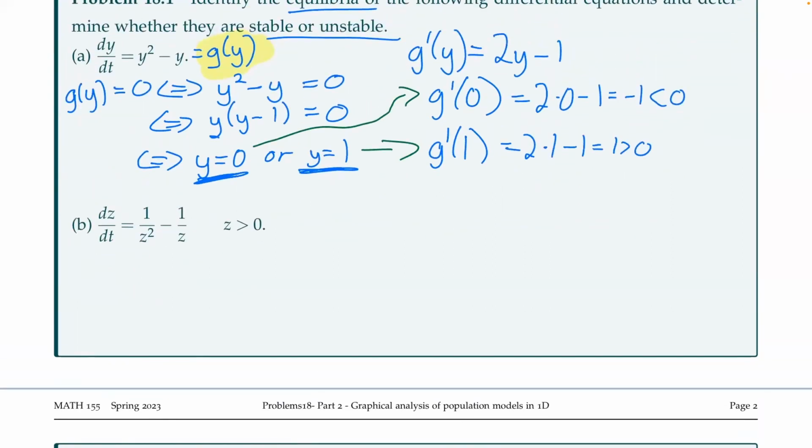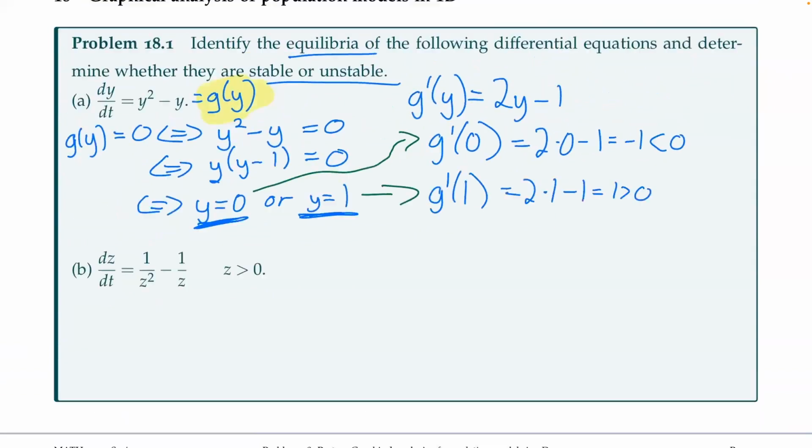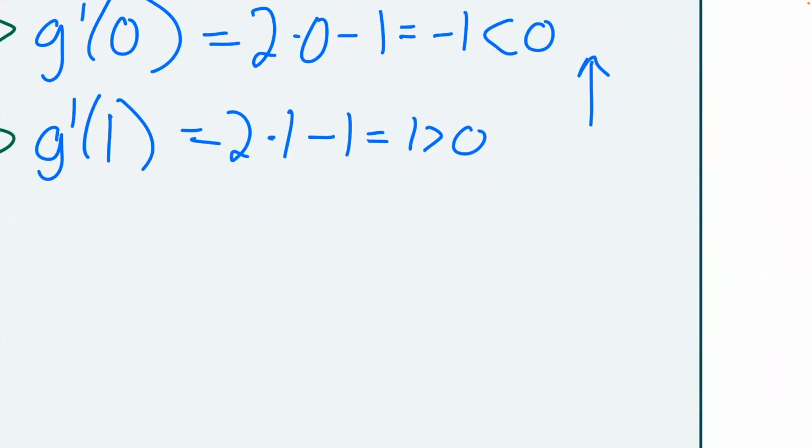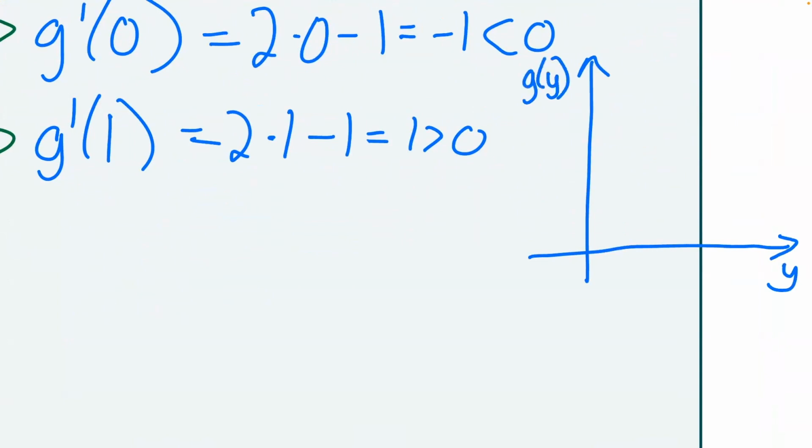So let's think about what this actually looks like if we were to plot it. I'm going to zoom in over here. So if we plot our growth function, g of y, remember this is y squared minus y. We know that it goes through 0 and 1 because those are our equilibria. So it crosses the axis here at 0 and 1, and it's a quadratic that looks like this.